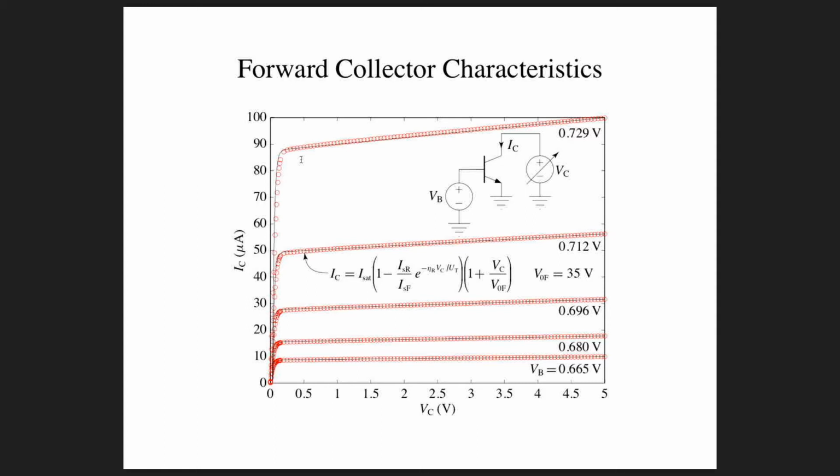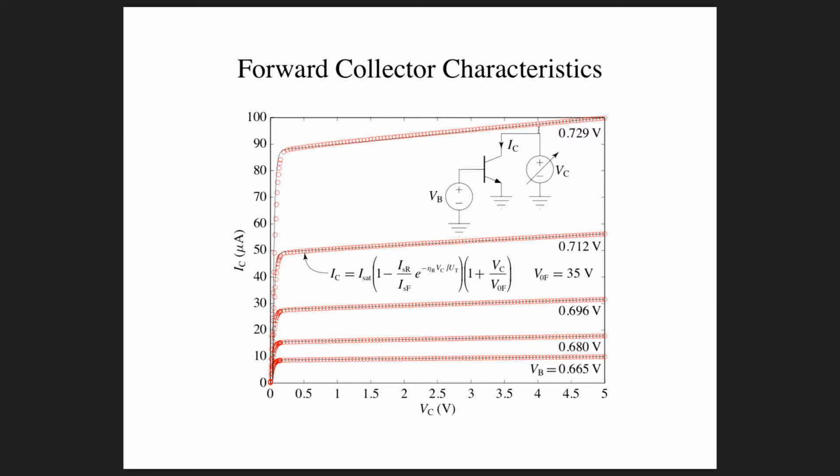Okay, so it's a 10% increase for a 5 volt change in the collector to emitter voltage versus a 1,000% change for a 0.06 volt change in the base emitter voltage. So you can see that compared to the base terminal, the collector terminal is much less efficient at changing the current. Okay, so this isn't too far off from our 0th order idea.